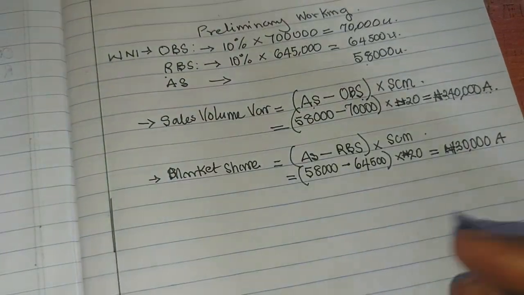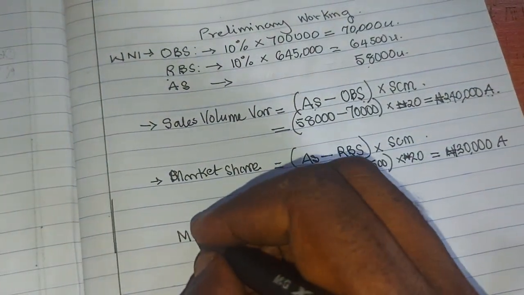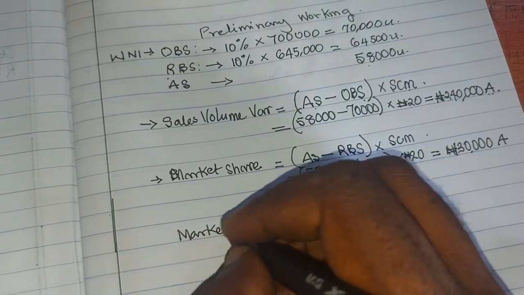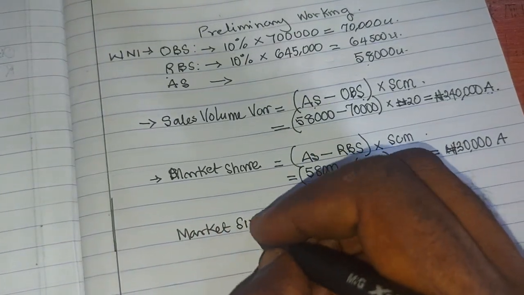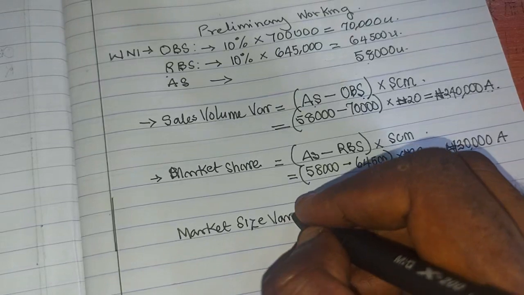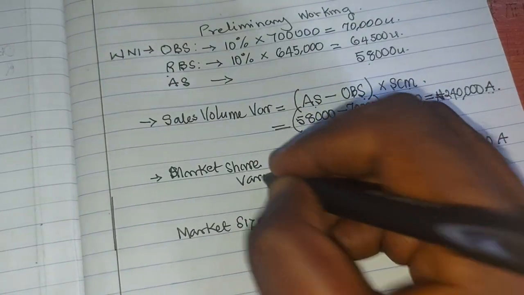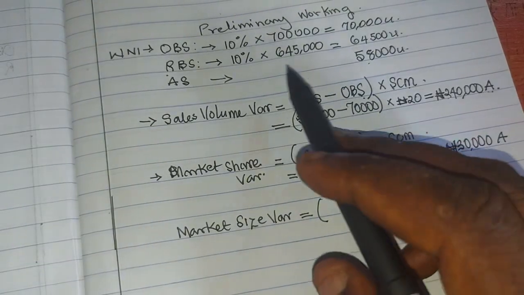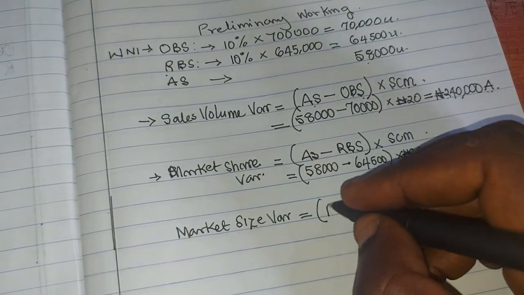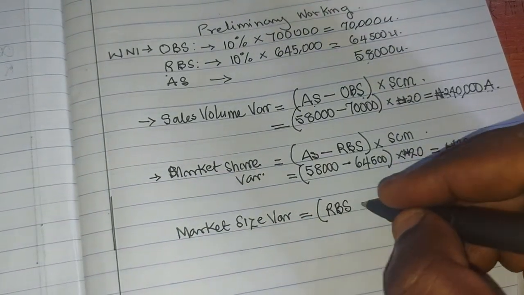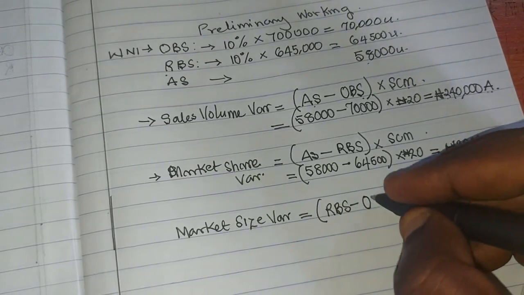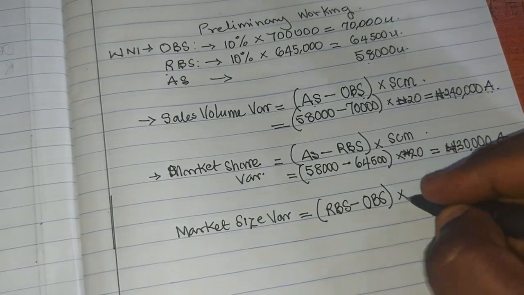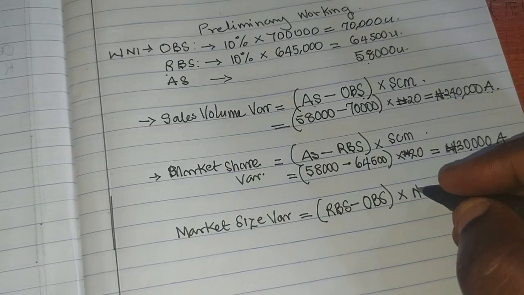Then to calculate the market size variance, market size variance is nothing but the revised projected sales minus original budgeted sales multiplied by standard contribution margin.